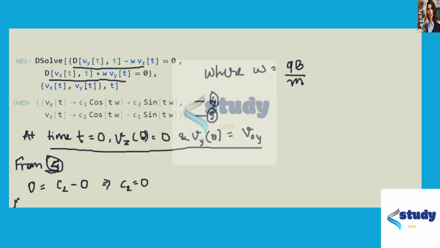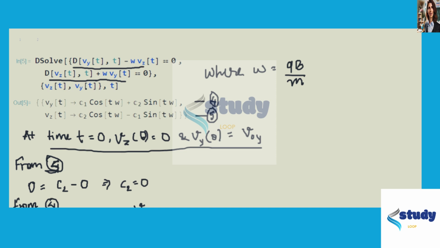Now from equation 4, using the condition vy(0) equals v0y, we get v0y equals c1. Since c2 is 0, nothing else is left, so c1 equals v0y.